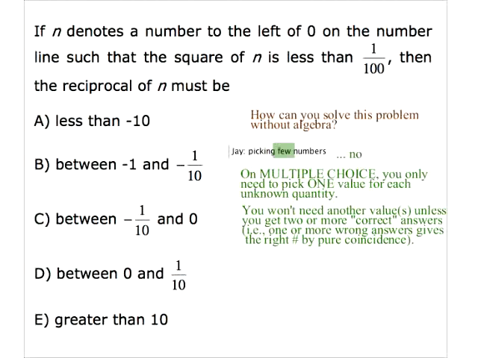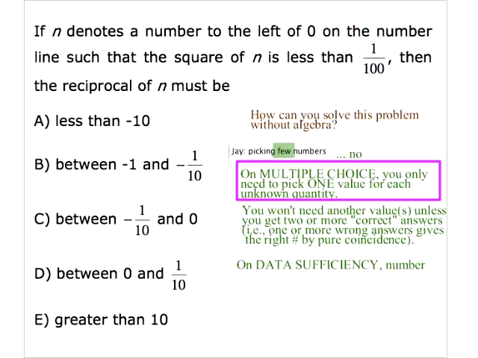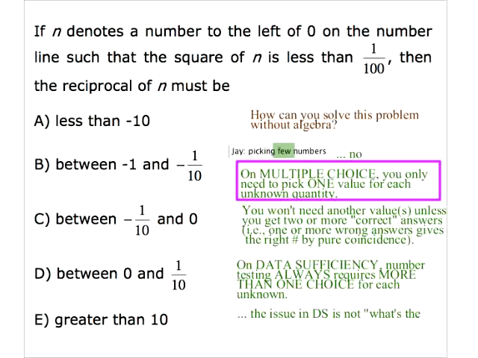The reason I'm addressing this is that there's another type of question where it's essential to pick more than one value, and what kind of question is that? When do you have to pick more than one number if you're doing number testing? Yeah, it's data sufficiency. On data sufficiency, number testing always requires more than one choice for each unknown. Because remember that the issue in data sufficiency is not what's the number.